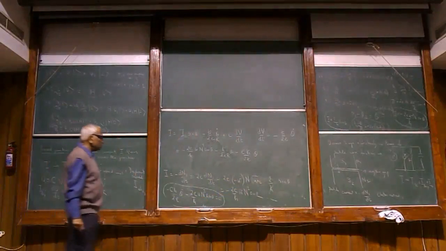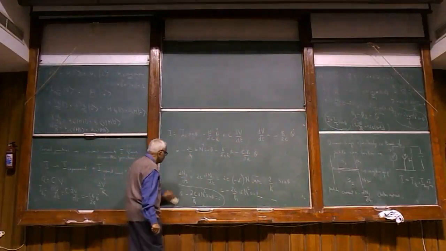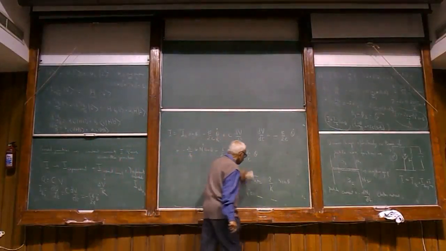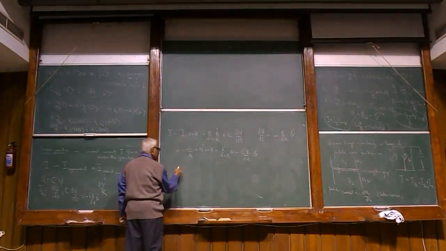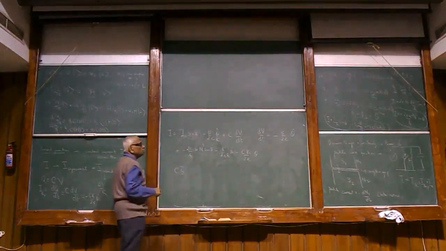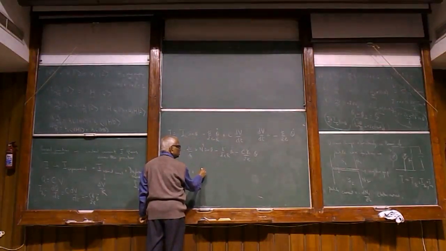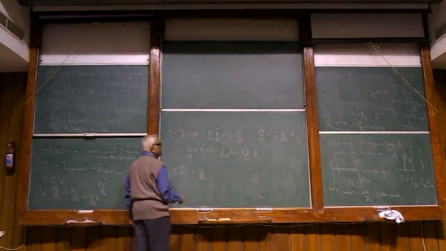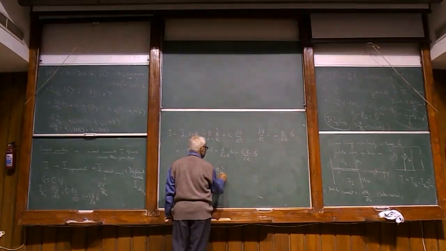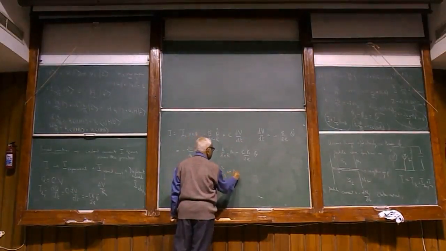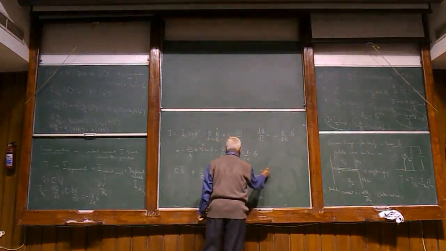Alright, so that's the biasing current, and so C times theta double dot plus theta dot divided by R plus 4E square over h bar square W times n square sine theta equal to minus I, the bias current.